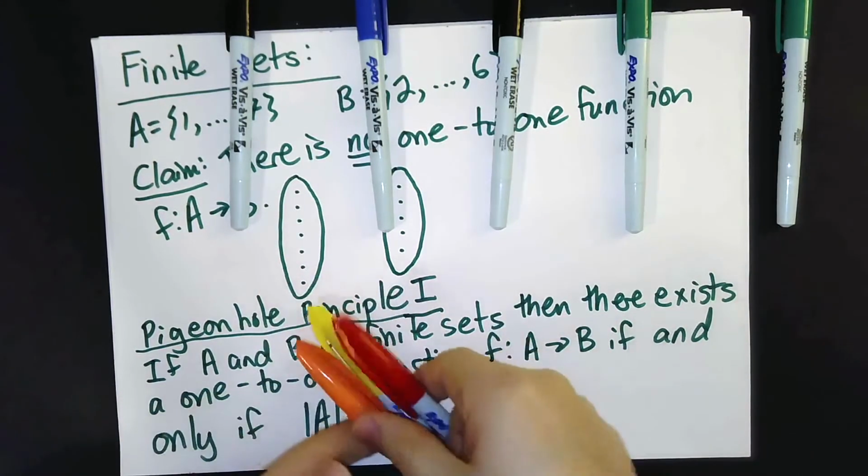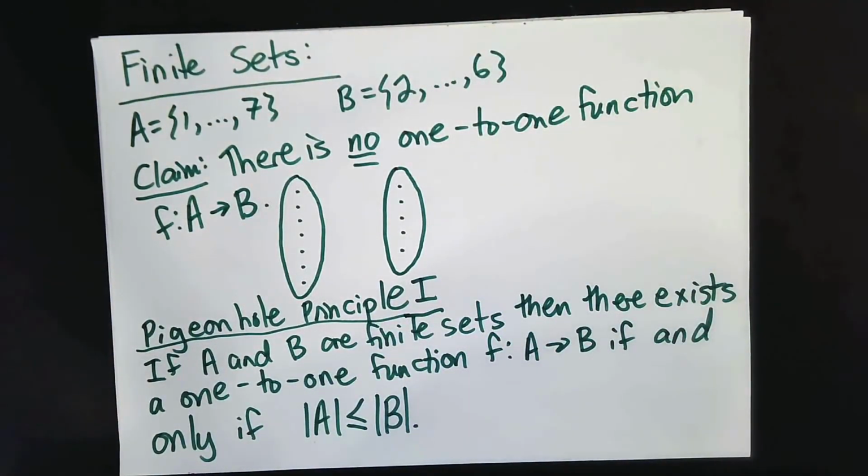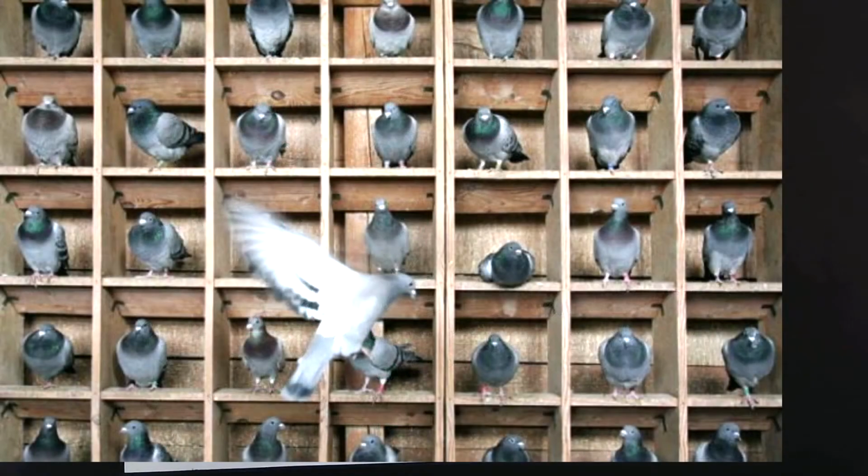Now, you may well ask, why is this called the pigeonhole principle? What's actually going on here? To explain that, I have to first show you what a pigeonhole is. Back when keeping pigeons was a popular hobby, they would usually be kept in boxes like this, and each one of these individual boxes was called a pigeonhole.